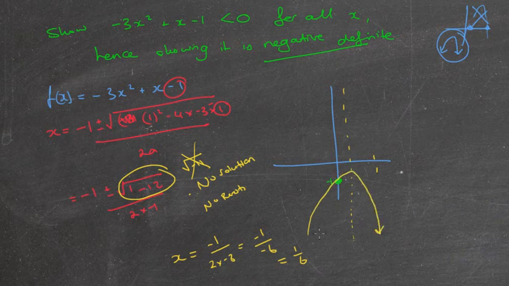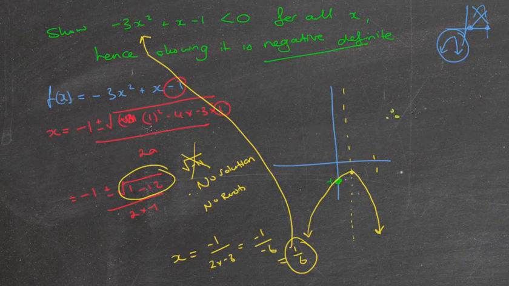Now, of course, what you could then do is sub that back in to get your y value, and then you exactly know what your y value is going to be. But I'm not going to bother, because at the moment all I want to show is that it is negative definite, or less than 0.